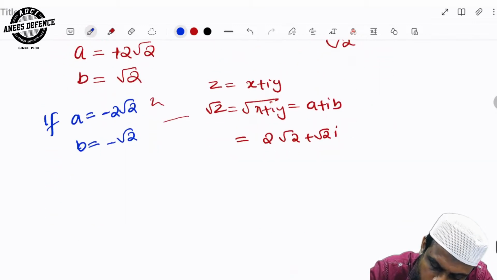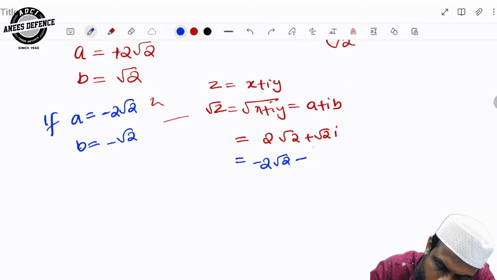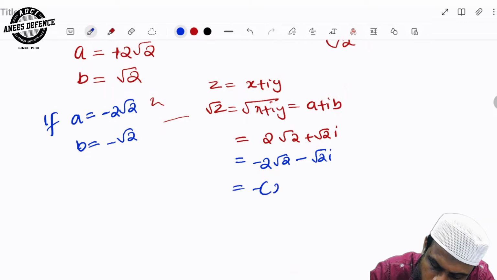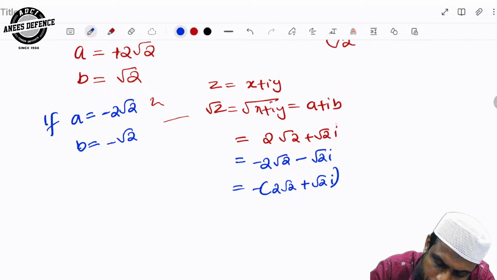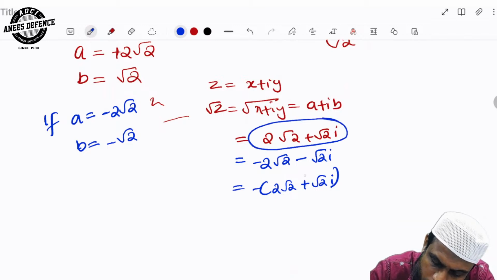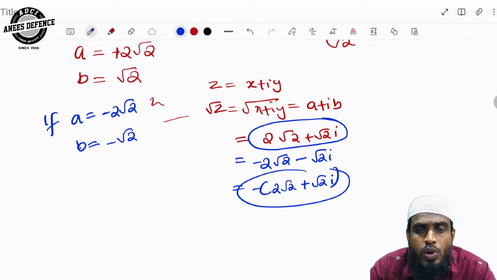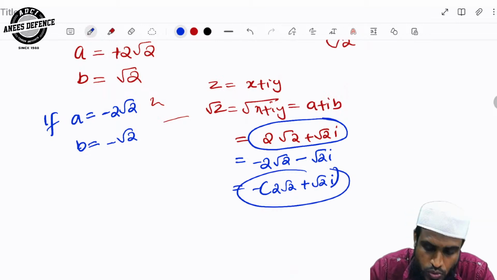In that case, you should get minus 2 root 2 minus root 2i. Here you can take minus common, so 2 root 2 plus root 2i. So here you are getting two possibilities, 2 root 2 plus root 2i and minus 2 root 2 minus root 2i.